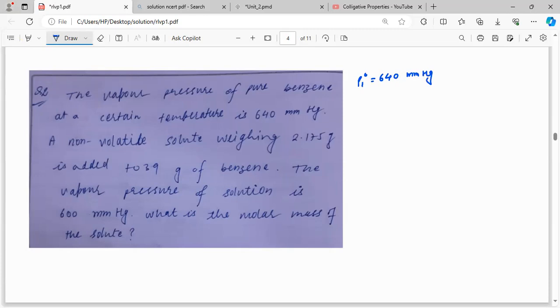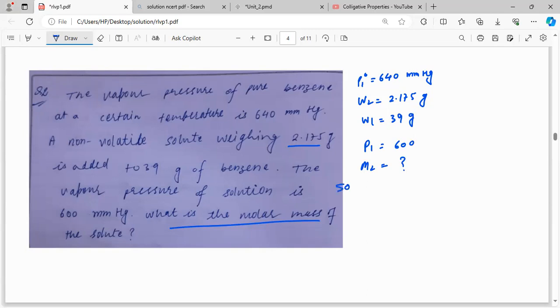A non-volatile solute weighing 2.175 gram is added to 39 gram of benzene. Now the vapor pressure of the solution is given as 600 mmHg. What is the molar mass of the solute? M2 they are asking.